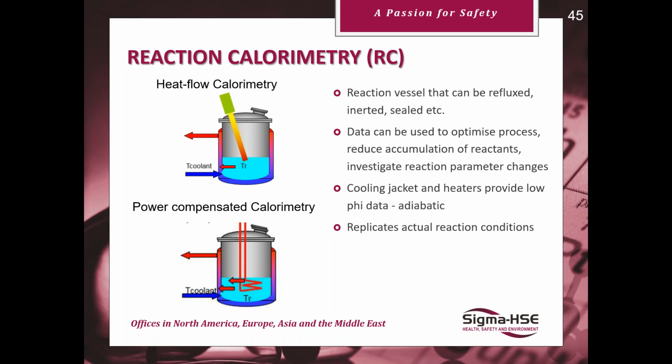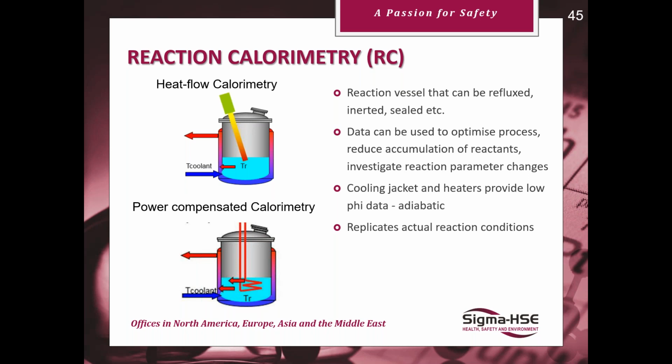So I'll start with the power compensated calorimetry. That uses a pre-calibrated heater. The vessel is then set to be cooled in the range of sort of 5 to 20 degrees below the desired reaction temp. The heater will then have to put in X amount of power to keep it at the desired reaction temperature.